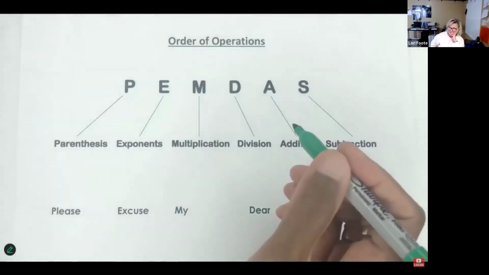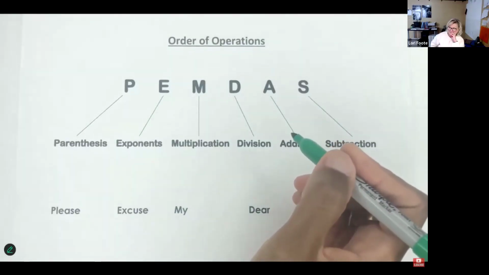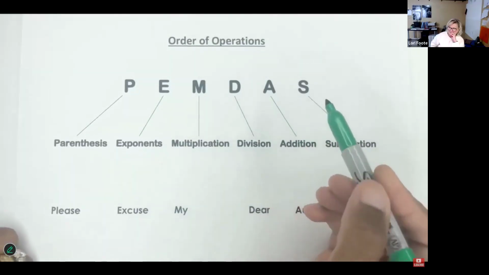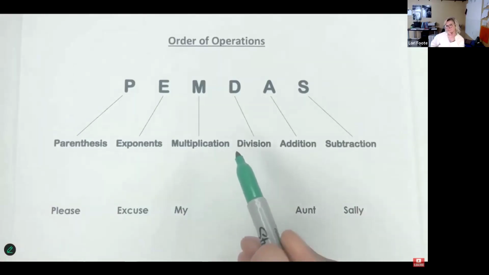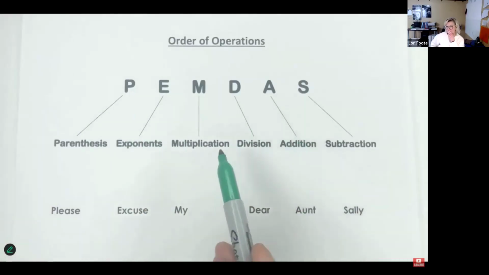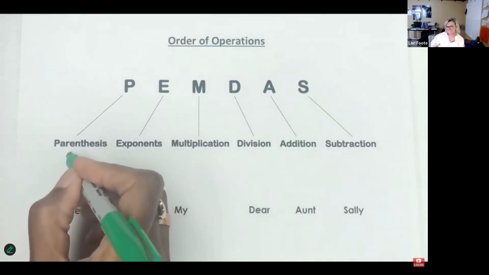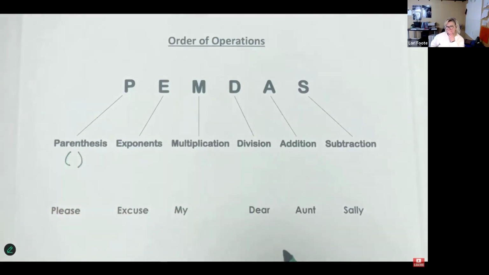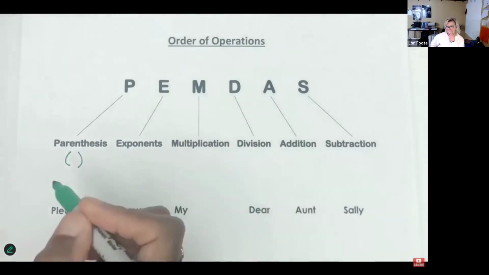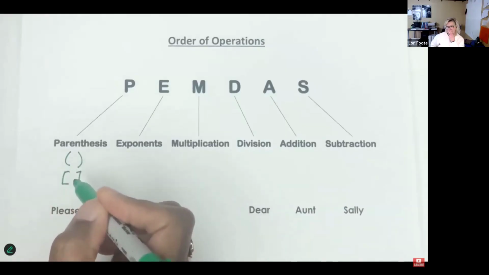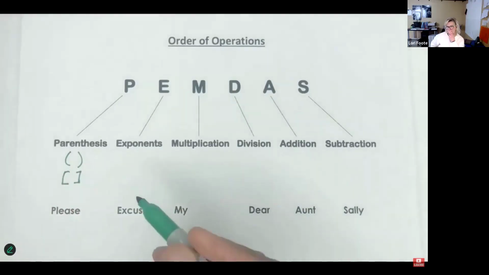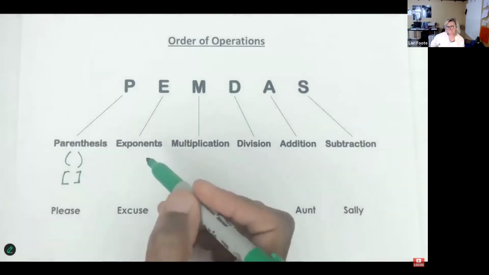So what is all this fuss about PEMDAS? Well, PEMDAS is the order of operations. So as you can see here by this diagram, you have what PEMDAS stands for. So you have parentheses, or we say brackets. Either one will do, it's okay. Sometimes they have these brackets and they have different shapes, but they serve the same purpose. And then you have exponents.